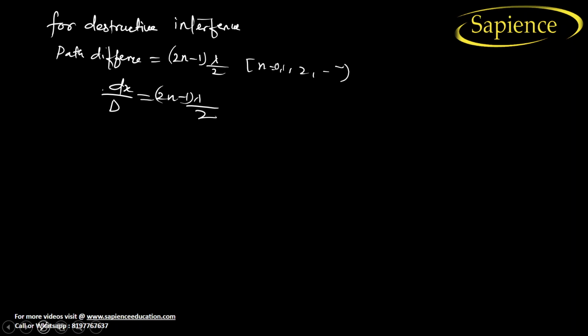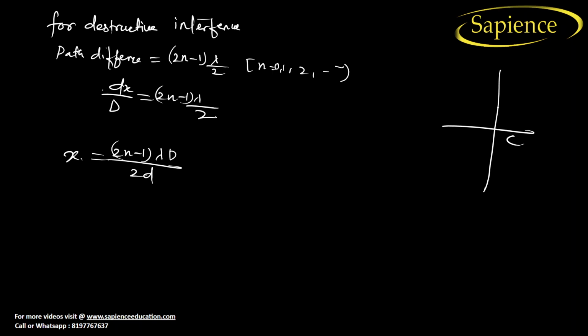Now from here we want x, the distance from the central fringe to the nth fringe. So x can be written as (2n minus 1) into lambda D by 2d. Again, we are talking about the dark fringe. So this is the central fringe, and this is your dark fringe 1, dark fringe 2, dark fringe 3.